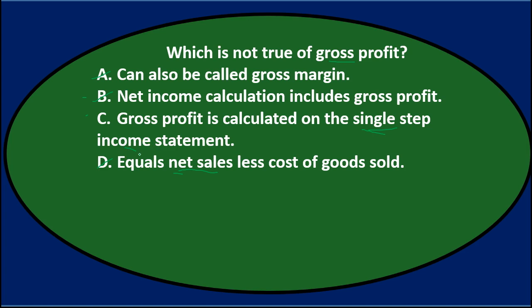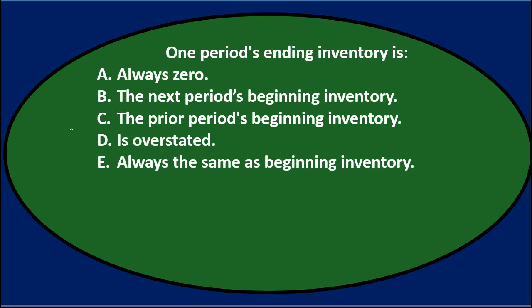But if we do that, of course, we don't have the subcategory of gross profit. So gross profit is not calculated on a single-step income statement. It would be used on the income statement most often seen for a merchandising company, one that sells inventory. That is a multi-step income statement. So once again, the question, which is not true of gross profit? C, gross profit is calculated on the single-step income statement.